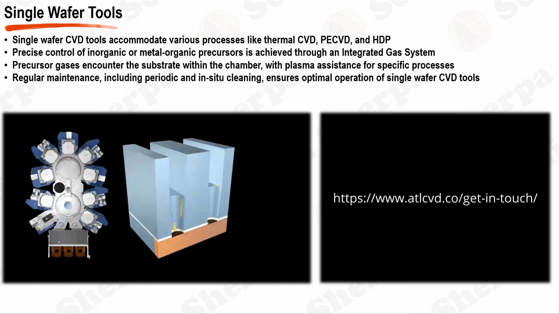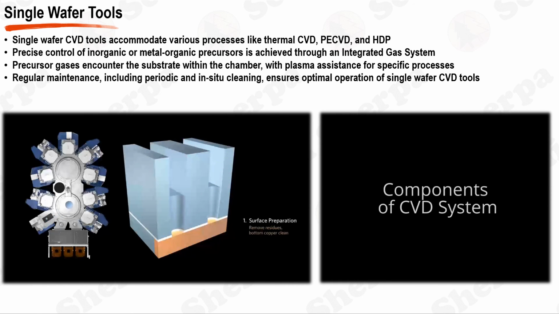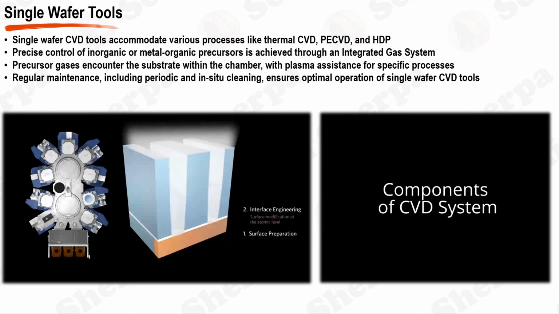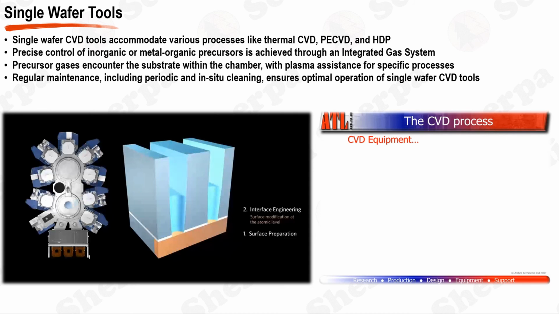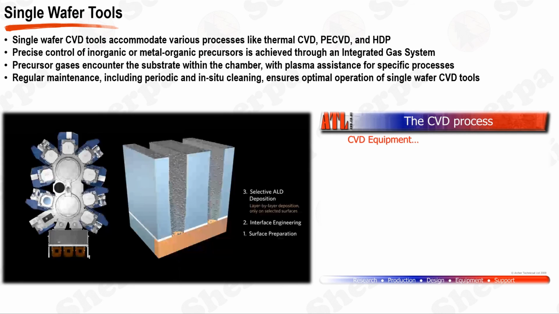However, a noteworthy challenge is the possible formation of powder in the foreline, which can impair the pumping efficiency. This impairment necessitates frequent preventive maintenance (PM), reducing the tool's operational time and thereby affecting the overall productivity. Lastly, regular maintenance and cleaning are vital to keep the single-wafer CVD tool operating optimally.